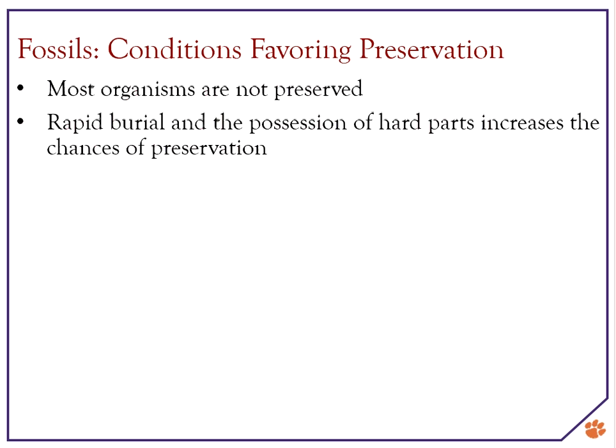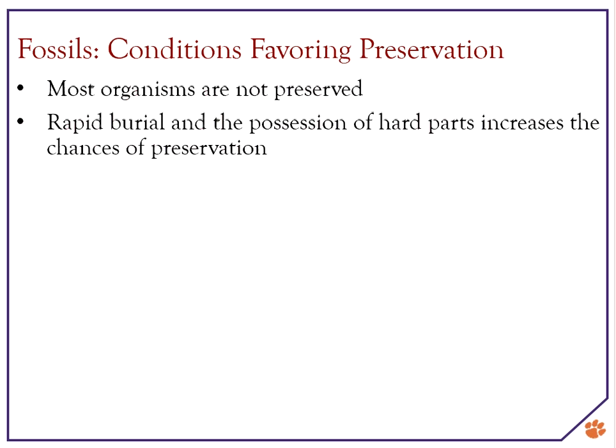And for fossil forming, there are several conditions which are actually favoring preservation. First of all, we need to accept that most organisms are not preserved. In many cases, we will have bones, fragments and shells being easier to preserve than some delicate material and flesh and insects.